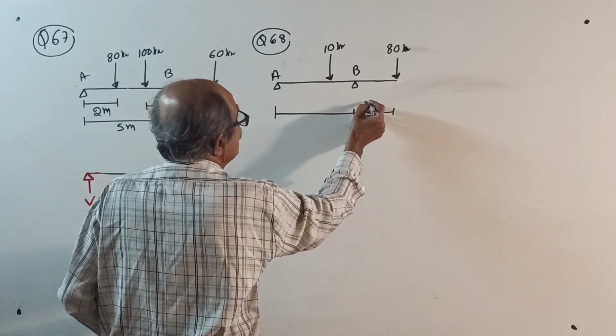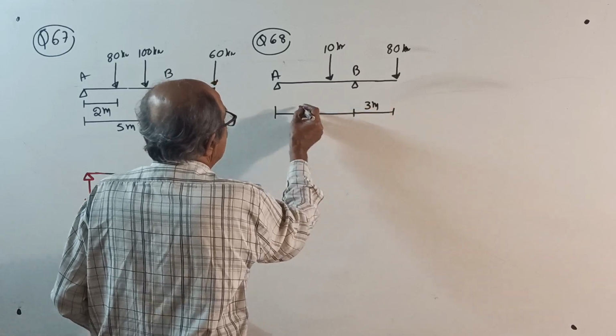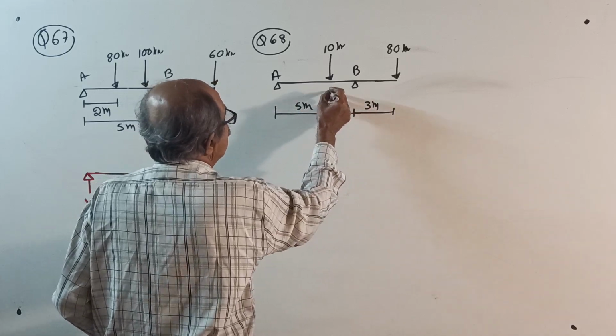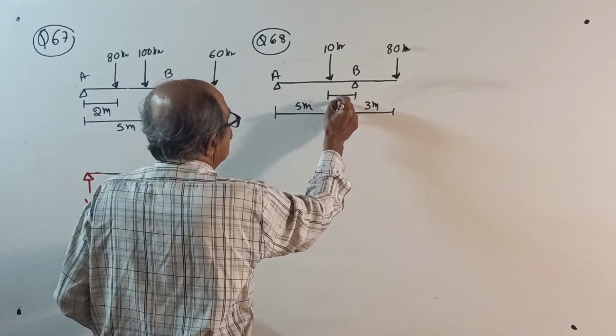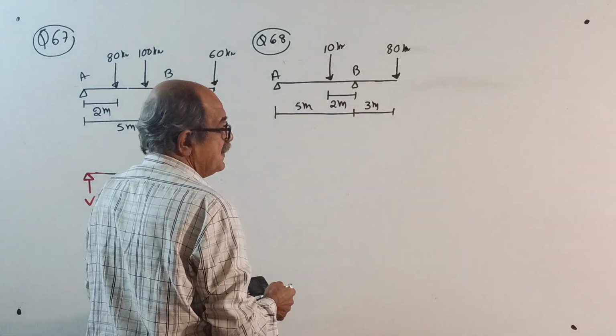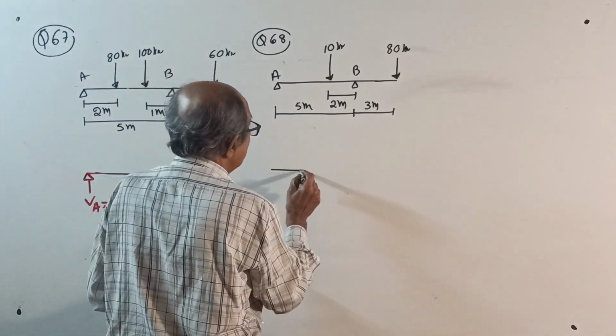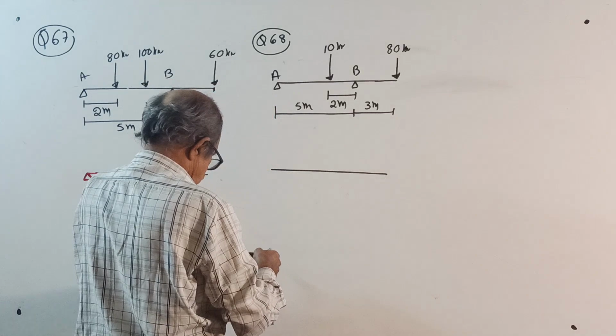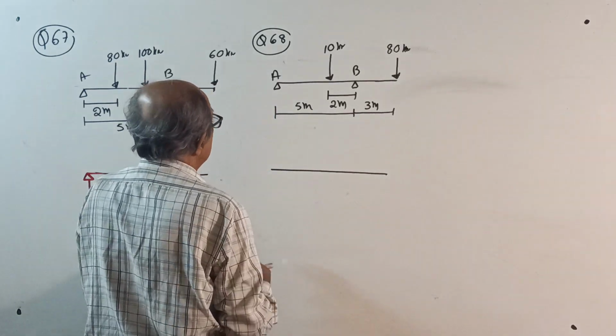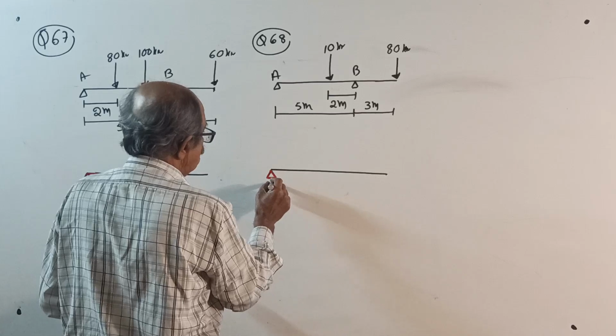This is the same as last time. This is 3 meter. This is 5 meter. This is 2 meter. I take 5 or 7 meter only for one purpose, so that decimals are avoided. When you solve a question, write whatever is there. I won't show the loading now.